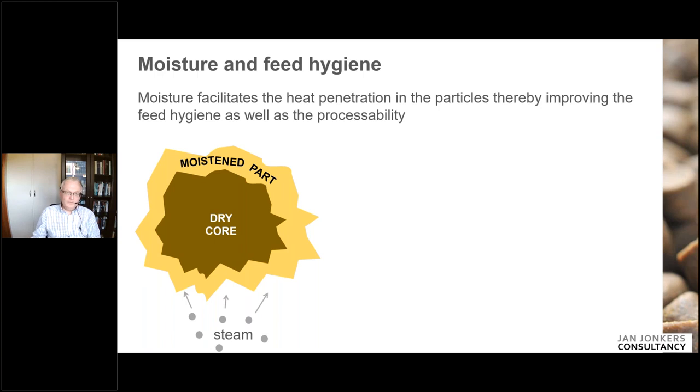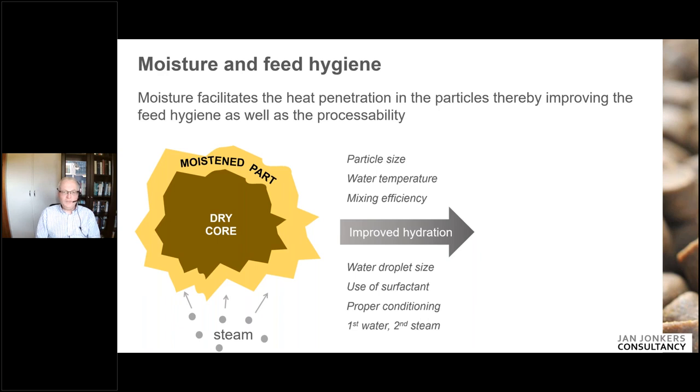The different opportunities to influence this, for example, particle size, what we discussed, a smaller particle size is easier to cook. Water temperature can help. Hot water is easier to penetrate into these particles. So the application of hot water can be important.